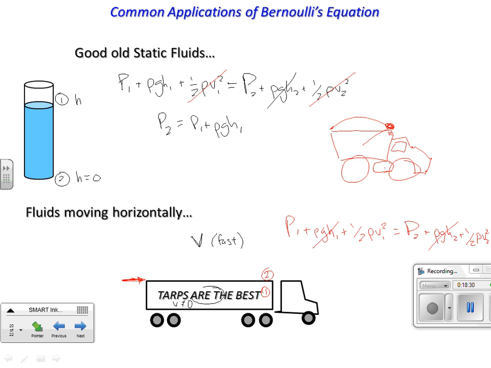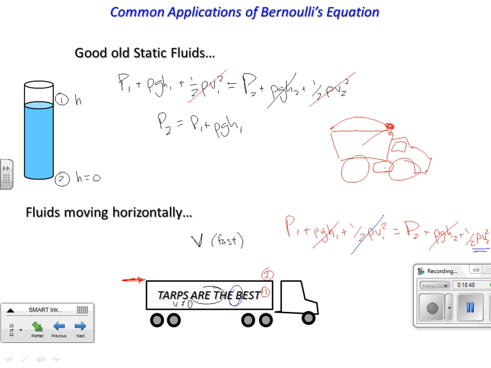So there's a tarp over this thing. V1 is 0. The speed of the air inside here, relative to the tarp, is 0. Out here, V2 is fast.